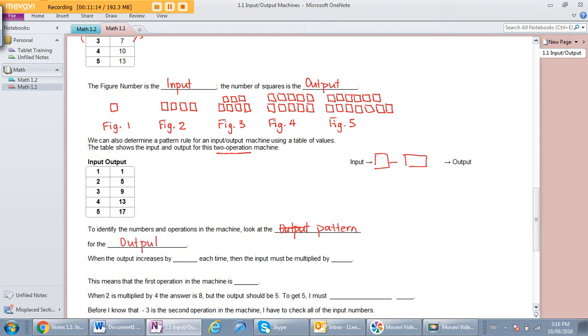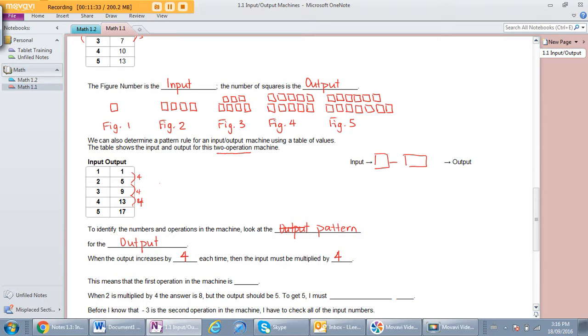There we go. When the output increases by 4 each time, then the input has to be multiplied by 4.